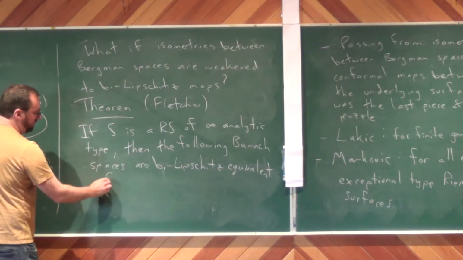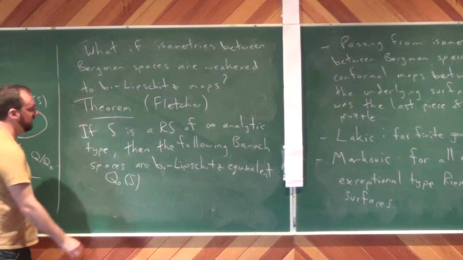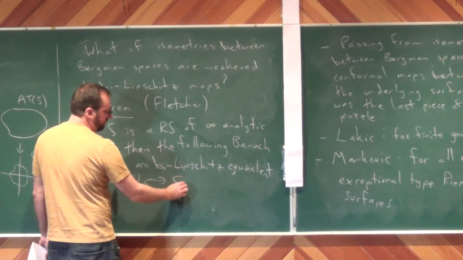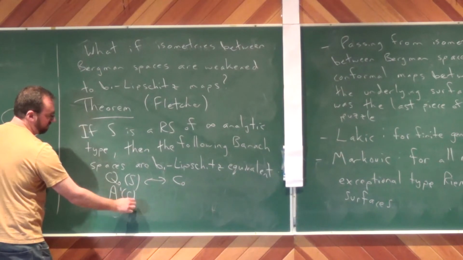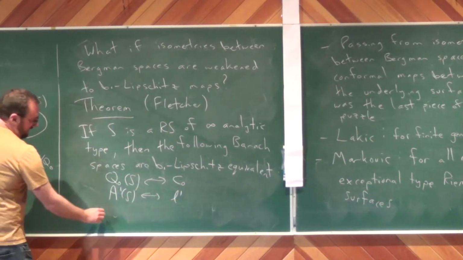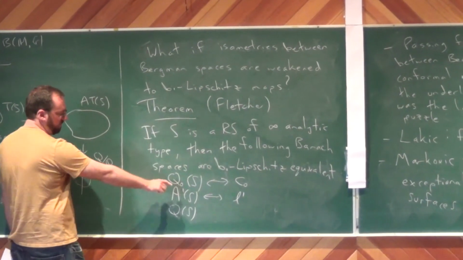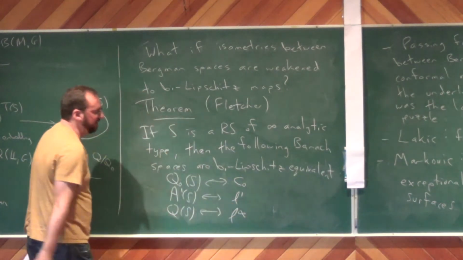Well, Q0 of, let me just write S for shorthand. There's a bi-Lipschitz map between that and C0. There's a bi-Lipschitz map between the Bergman space and the sequence space L1, and there's a bi-Lipschitz map between the Q space and the sequence space little n infinity.